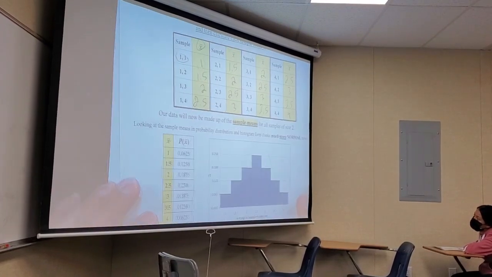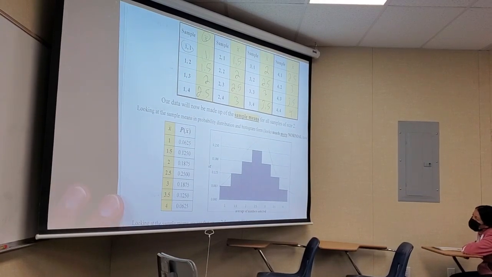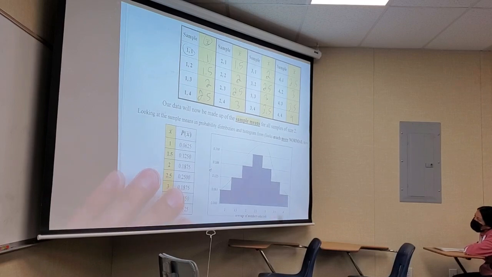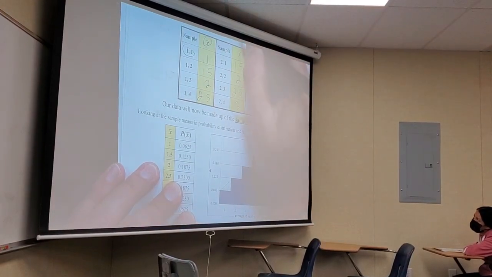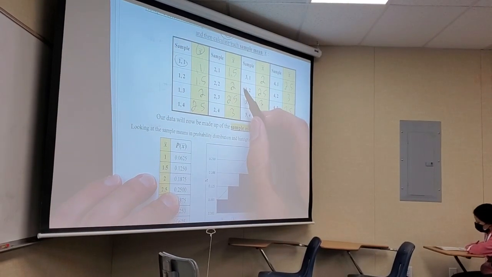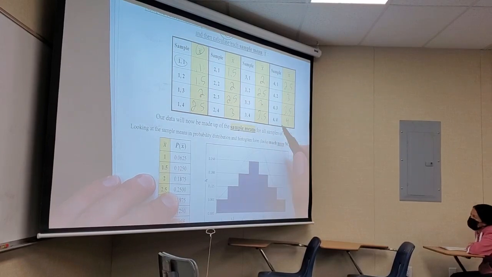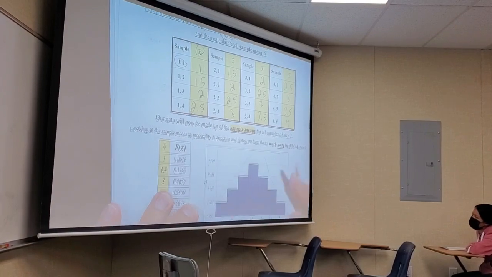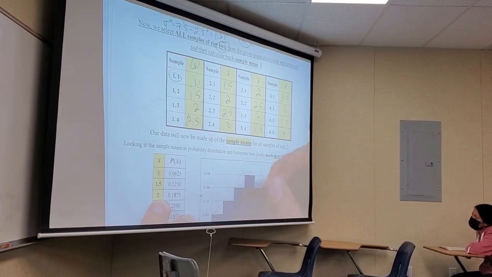Right now you're all like, okay, pictures and numbers, great. If I took samples of size 3, do you understand how this would become much bigger? Couldn't we still do it? Here's the key. I don't need to do all that work.